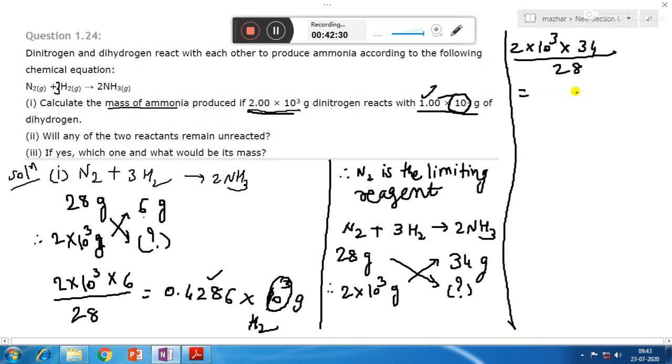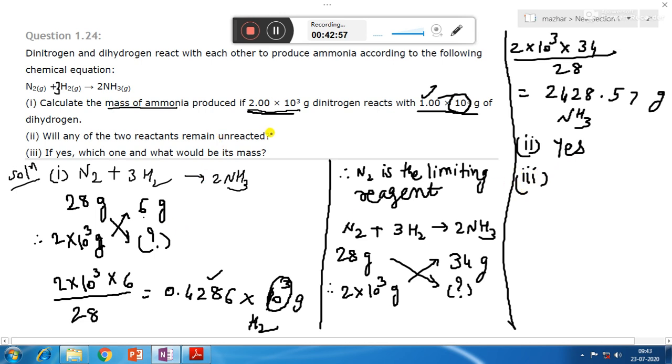So on solving this, you will get 2428.57 gram ammonia. So this is our first answer. Now number 2 is, will any of the two reactants remain unaffected?